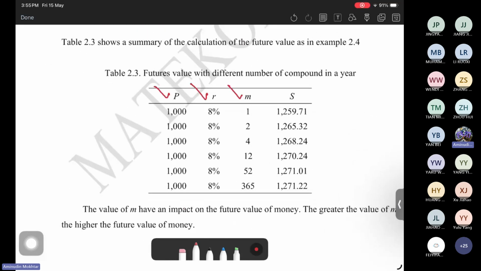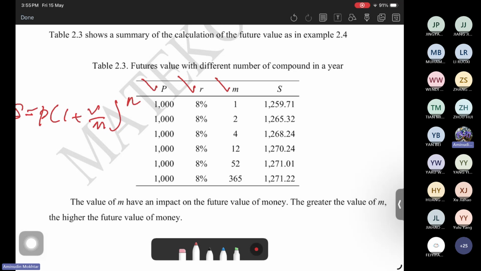The formula is, okay, this is the formula. I hope you can remember this formula: S equal to P times 1 plus R divided by M, to the power of N. As you can see here, the number of compounding periods has an impact on the future value of money.